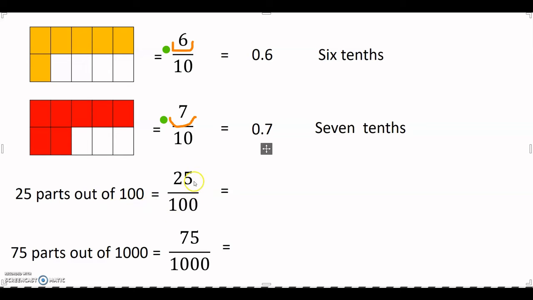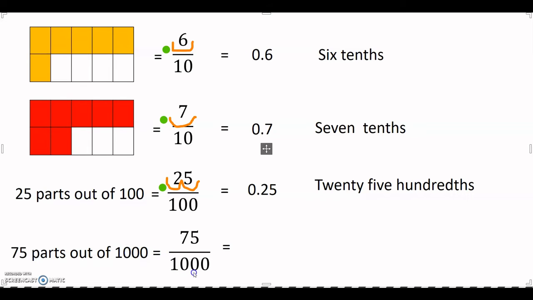So 25 over 100. To rewrite this into a decimal, you just count how many zeros in 100. We have 2, so we move the decimal point 2 places to the left. That's why we have 0.25, or 25 hundredths.